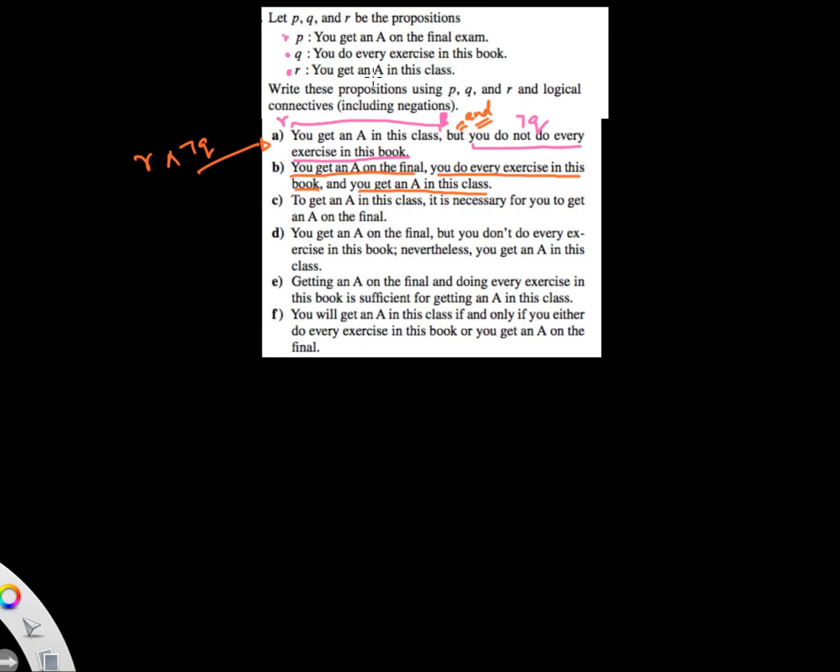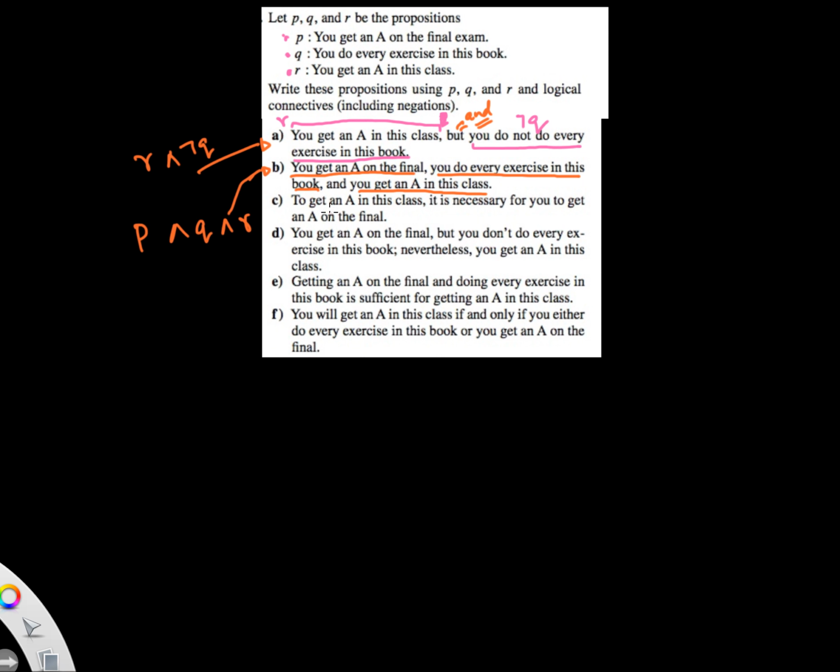So you get an A on the final, which is P, and you do every exercise in this book, which is Q, and you get an A in this class, which is R. So this piece over here is for part B.